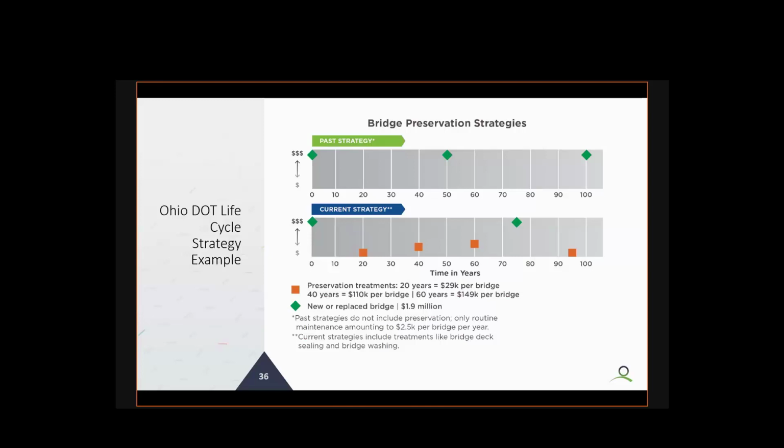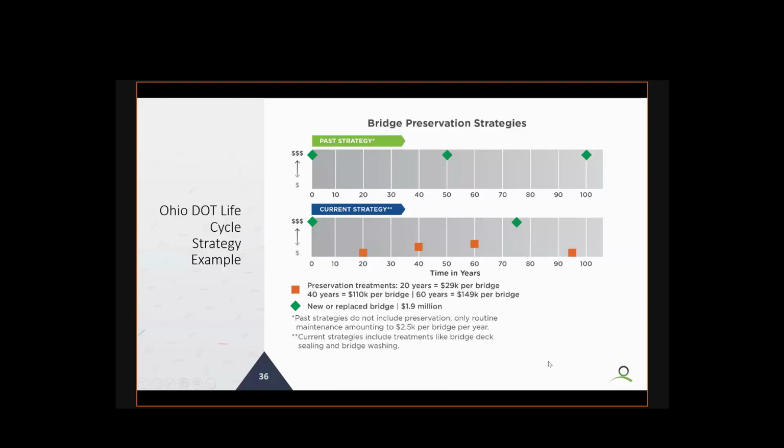Using life cycle planning, they identified interim maintenance and preservation treatments that they could do approximately every 20 years. They feel that with that, they're stretching the lives of the same bridge. They're not changing their design standards. They're stretching the lives of the same bridge out as far as 75 years.